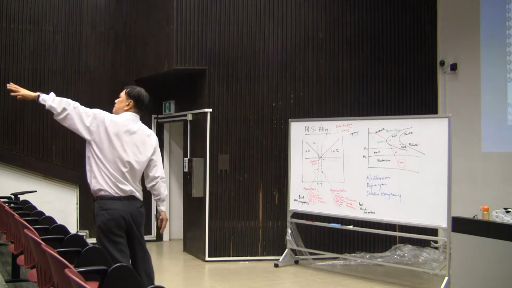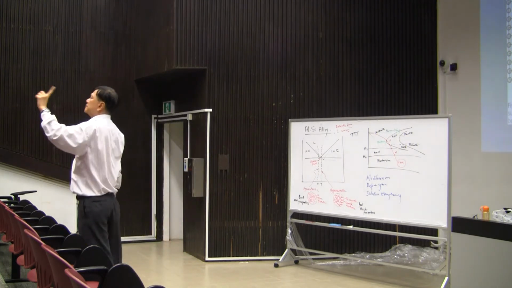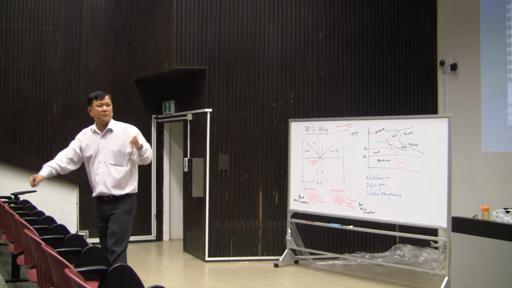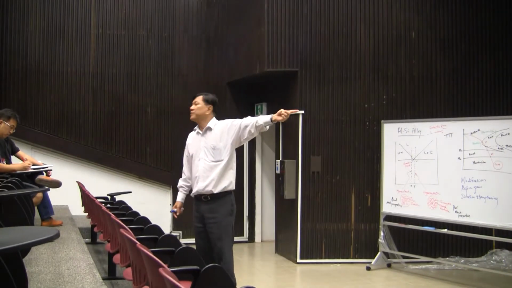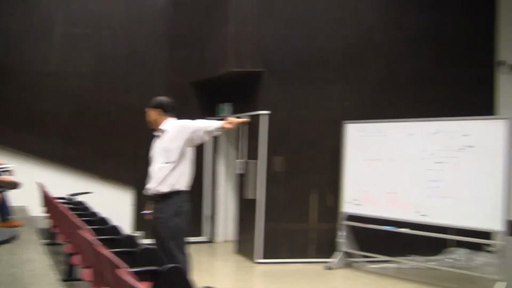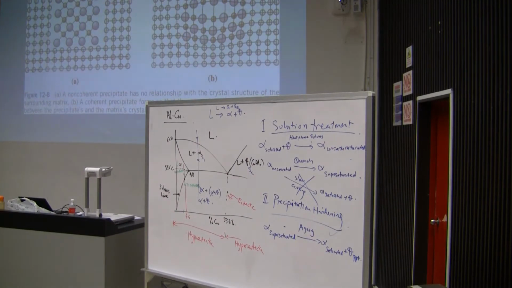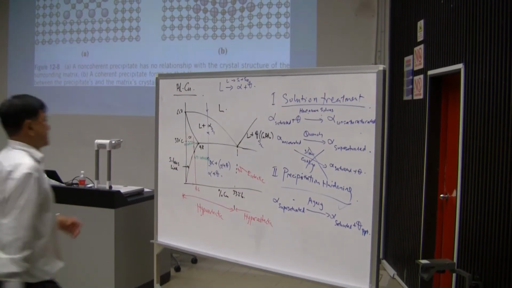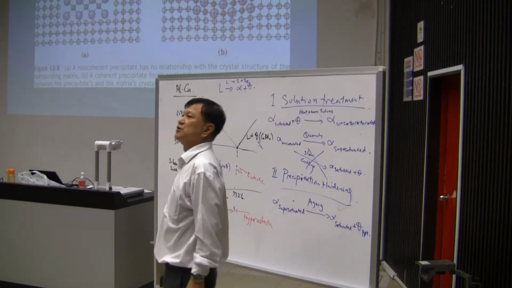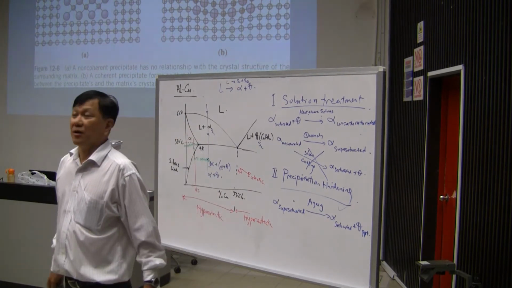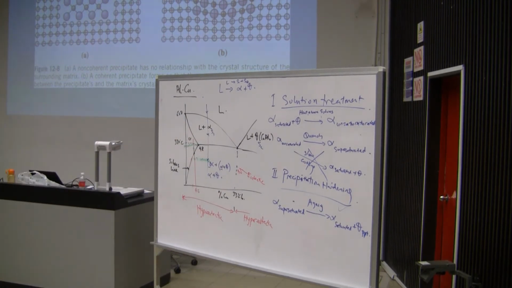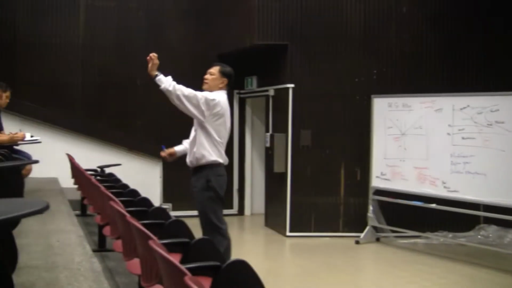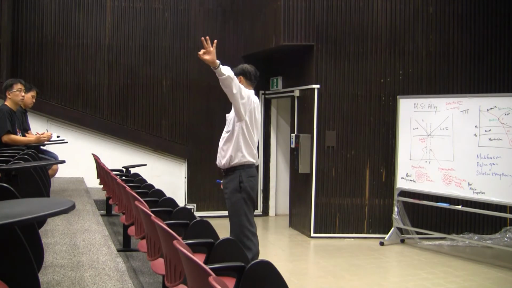Now, when you do heat treatment, we talk about this aluminum heat treatment over here. You must do what? Aging. Now, when you do aging, the precipitate will start to form.